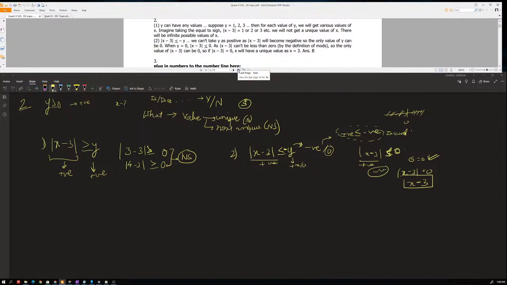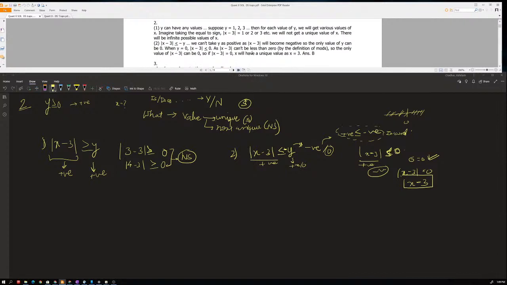They also say this in easier language: when y is equal to 0, x minus 3 cannot be less than 0 by the definition of mod. So the only value x minus 3 can be is 0. So mod of x minus 3 is equal to 0, and x will have a unique value, x equal to 3.